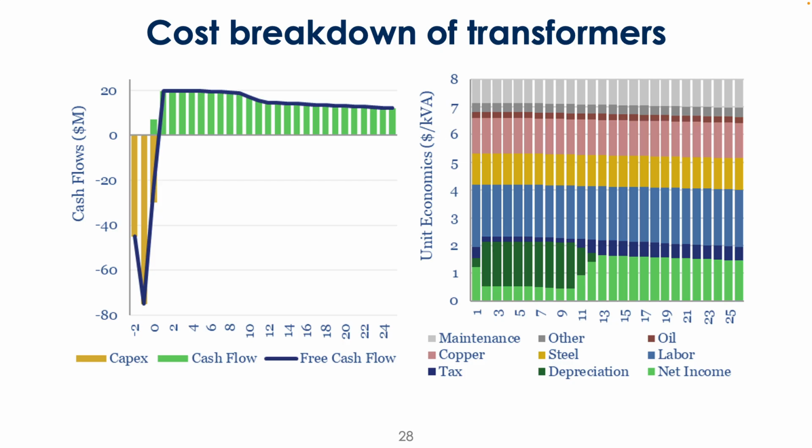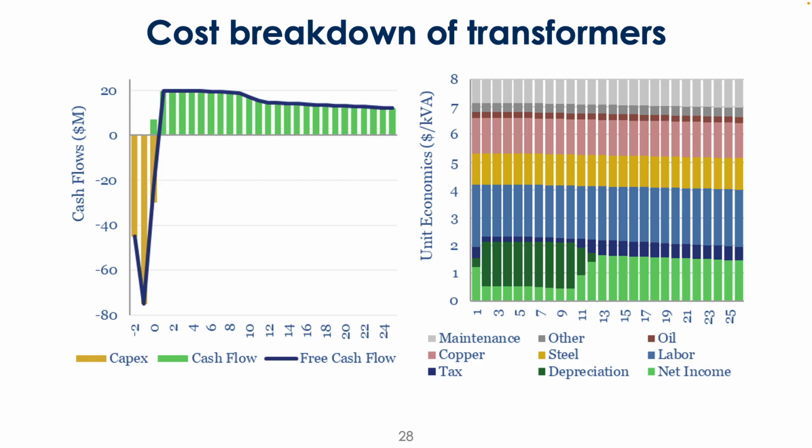Essentially, when you install these systems, the utilities recover the initial investment by making all of the people in their territories pay for them. So you do have these initial capital expenditures and then recovery of that capital expenditure over time.